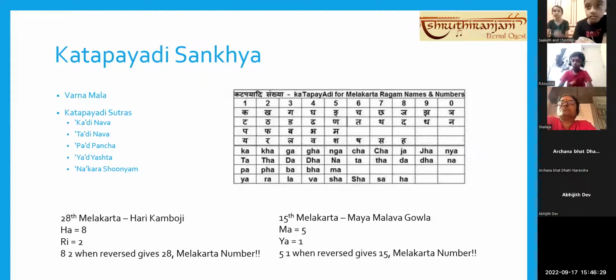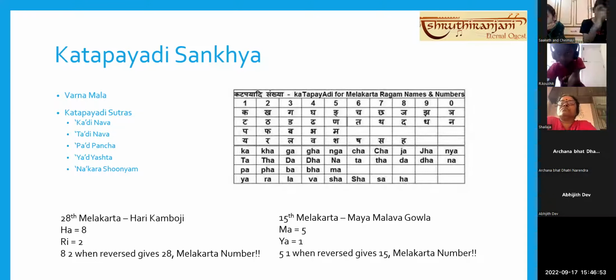Now we are going into the next one, which is Katapayadi Sankhya. Remember, Govindacharya formed this, and then he tweaked it a little bit. So this rule, what we are seeing, Katapayadi Sankhya or Sutra, was formed by Govindacharya. We all know the Varnamala, right?